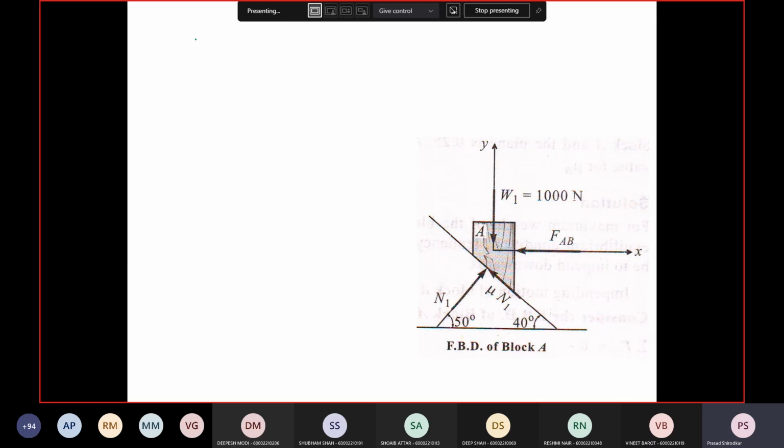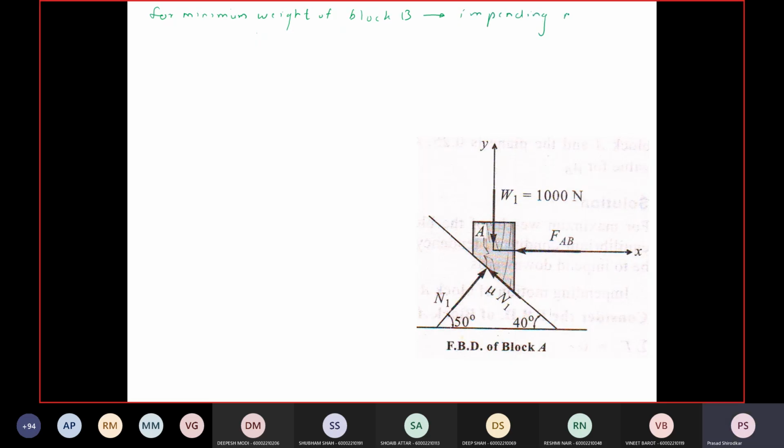In this case, for the minimum weight of block B, the impending motion of B will be upwards.